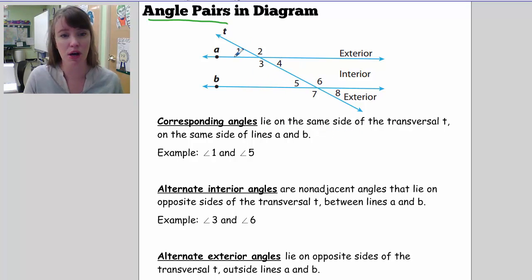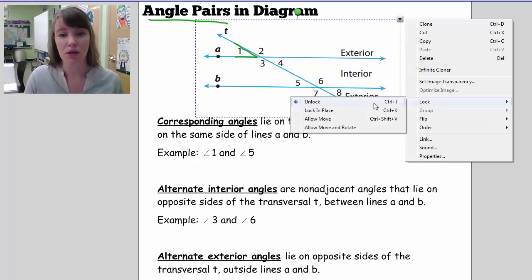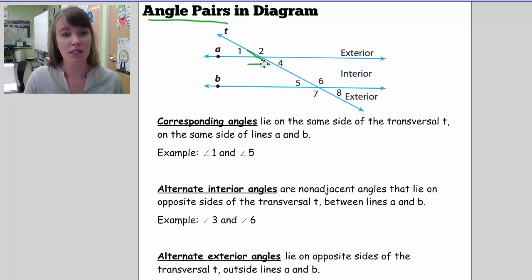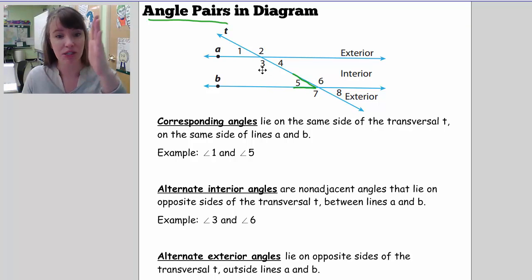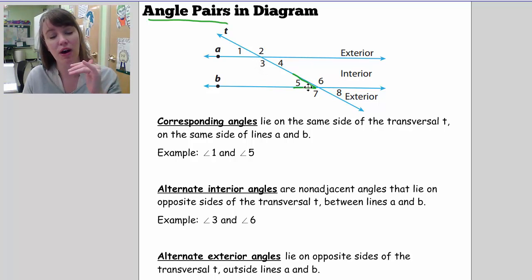So let's focus on angle 1 and angle 5 right here. If I draw angle 1 right here, I can see that angle 5 is corresponding because all it does is take angle 1 and translate it down to get angle 5. Angle 1 is above line A and to the left of the transversal, and angle 5 is above line B and to the left of the transversal.